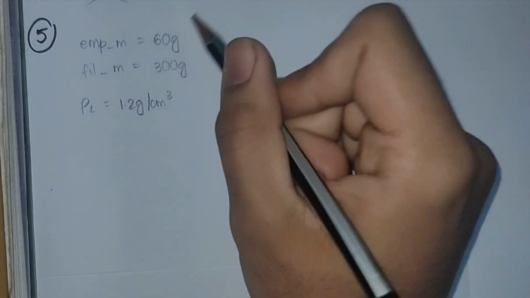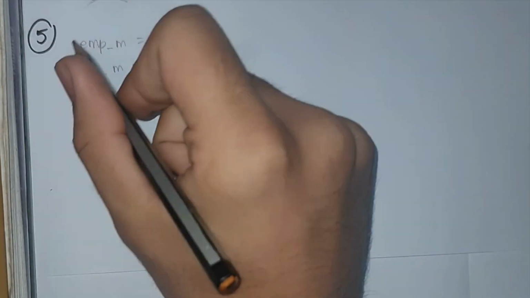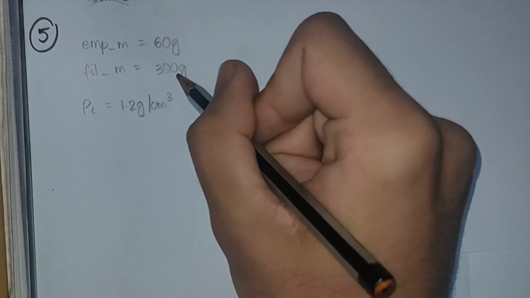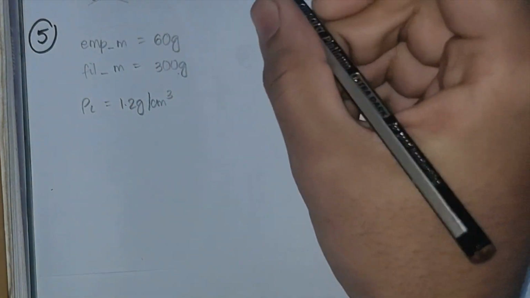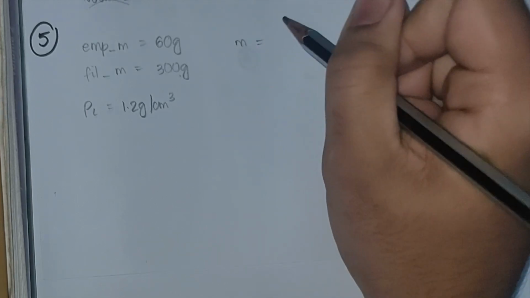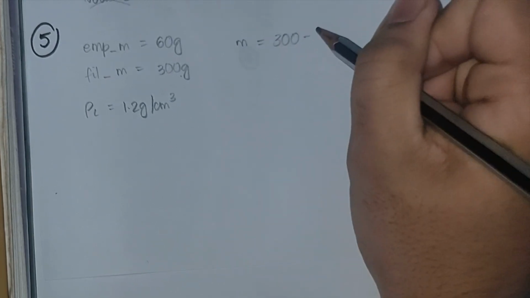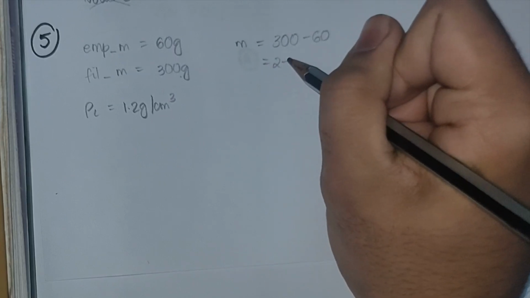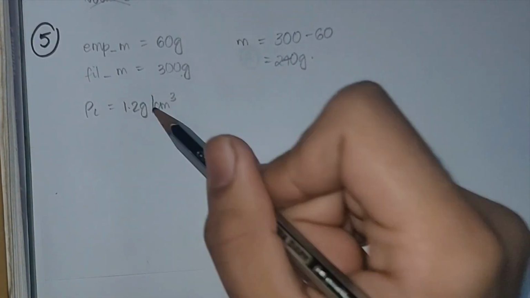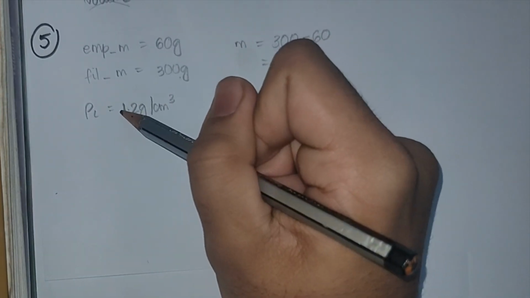Okay, so the first thing I can see is we can get to the mass of this liquid, because when the box was filled we had 300 grams and empty we had 60. So the mass of liquid equals 300 minus 60 equals 240 grams. Now we know we have 240 grams of liquid. We know the density is 1.2.